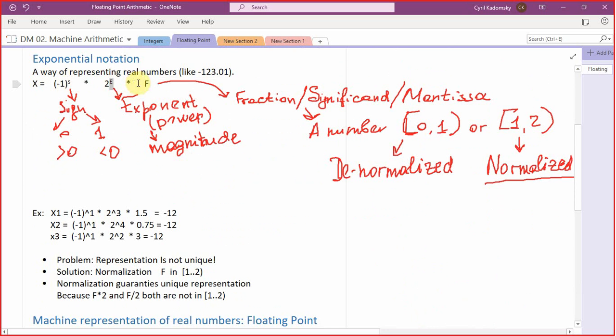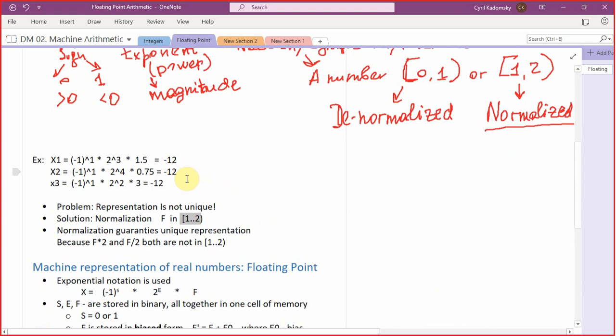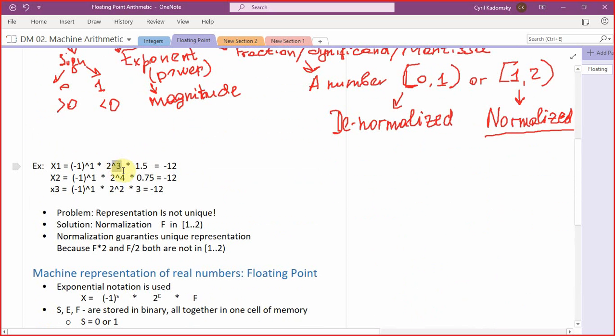And the fraction is very limited in range, usually between 1 and 2. Why? Because when we change the exponent by 1, it is like multiplying or dividing our number by 2, because this is a power of 2, right?